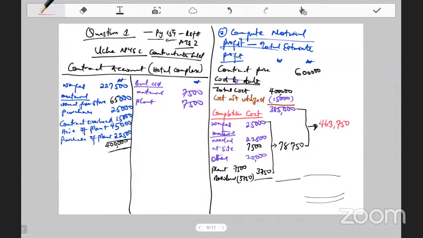463,750. Class, confirm. So if you now deduct that from our contract price, we'll be able to get our total estimated profit.